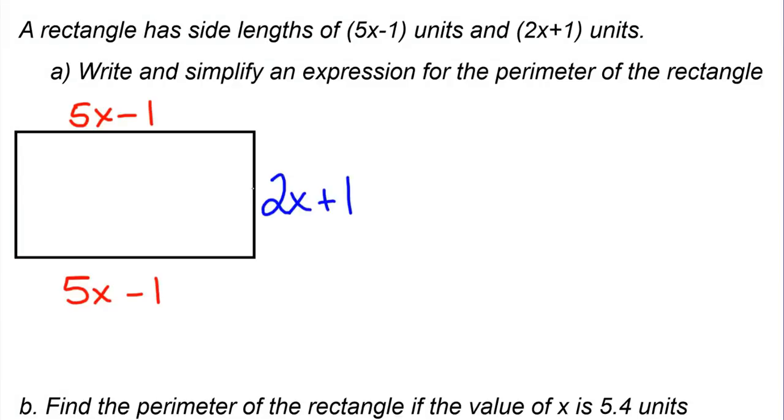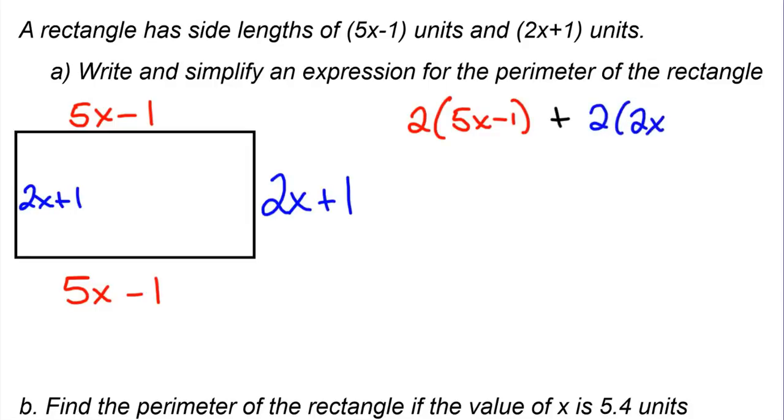The right side, or the height, is 2x plus 1, that means the left side is also 2x plus 1. So if I'm going to write an expression for the entire distance around, I have two sets of 5x minus 1, so I'm going to write 2 times 5x minus 1, and then add that to 2 times 2x plus 1. That expression represents the perimeter of the rectangle.